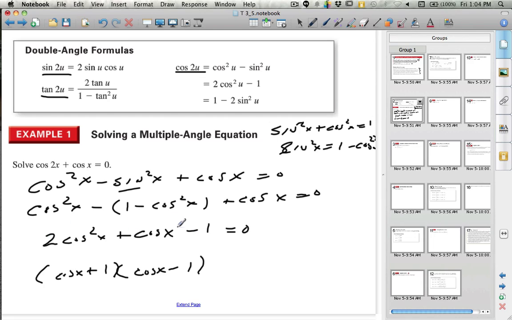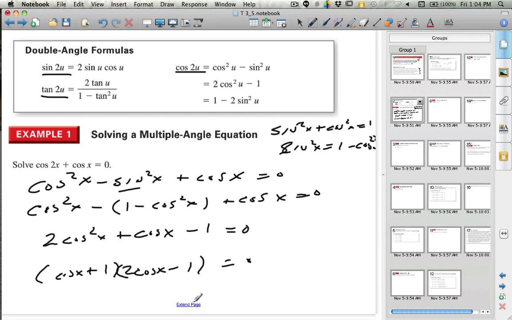So 2 times 1 is 2 and 1 times 1 is 1, they have a difference of 1. The 2 is going to have to be positive, so I put that here. So my insides and outsides are going to be 2 cosine x, and my outside will be negative cosine x, and 2 minus 1 would be positive 1.